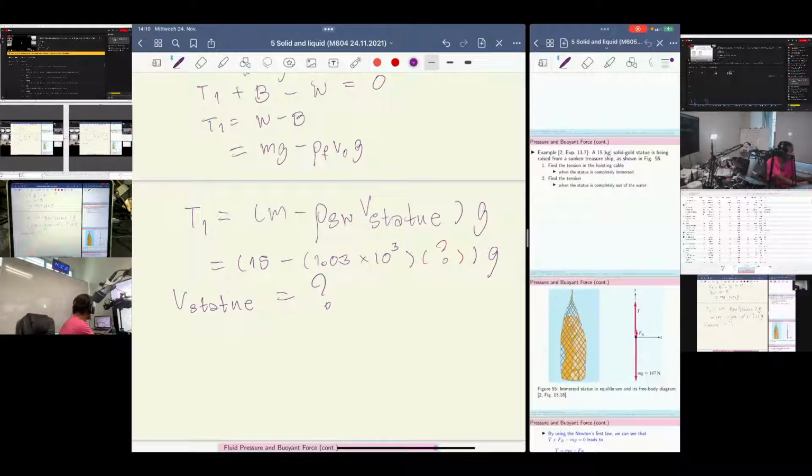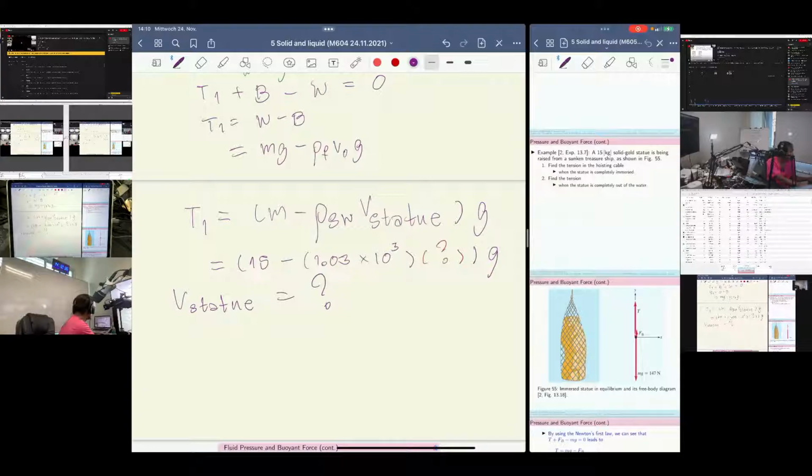V statue equals the mass of the statue divided by the density of the gold, right? Now we are using the condition of pure gold for the statue because the statue is made of gold. The gold doesn't change with any collision by the seawater.